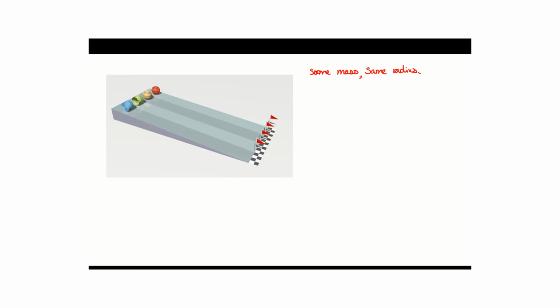Let's just consider the two cylinders for now. So if we consider the cylinder and the hoop, we've got a solid cylinder and we've got a hollow cylinder or a hoop. So EP is the same for both.